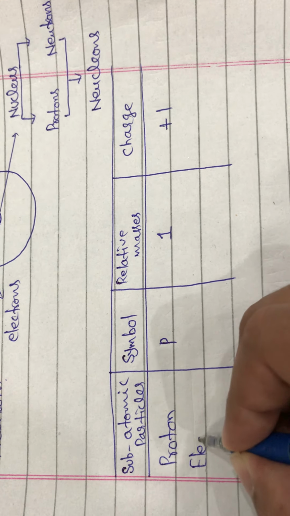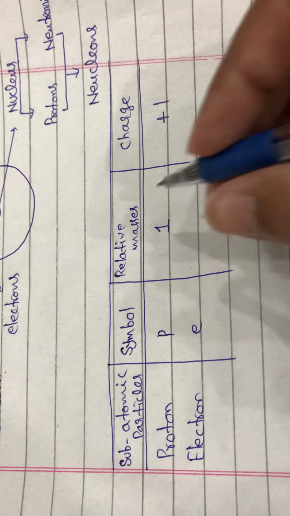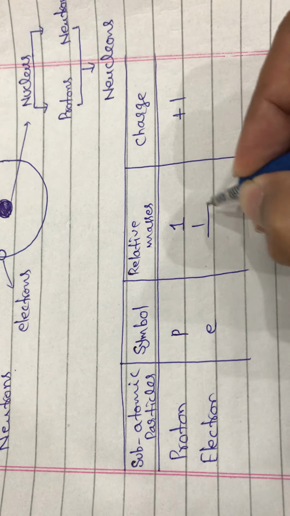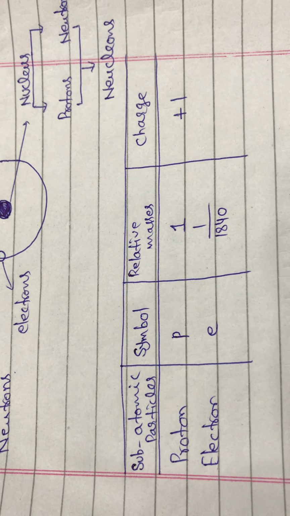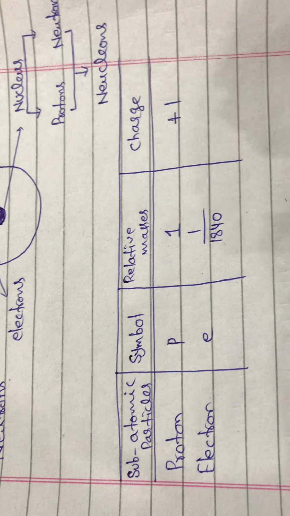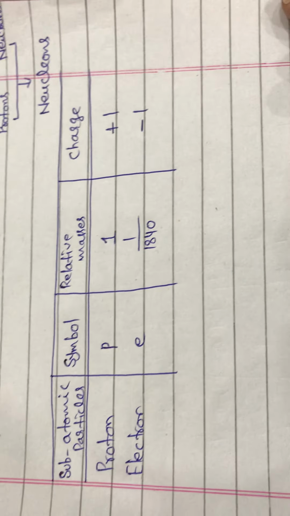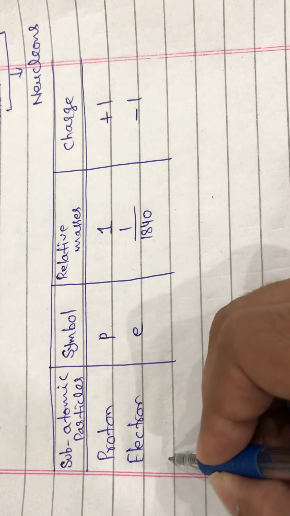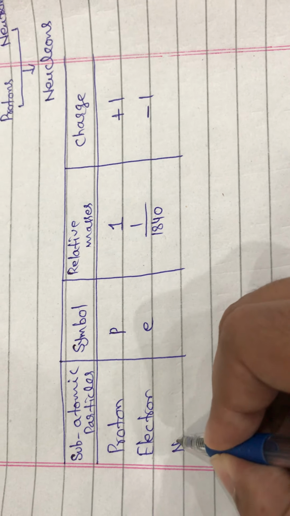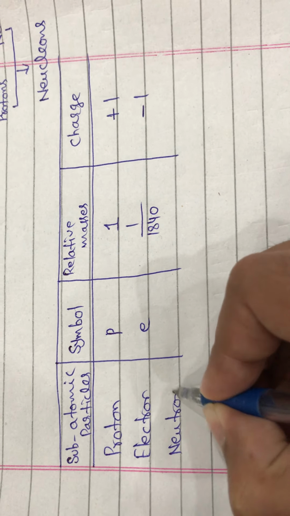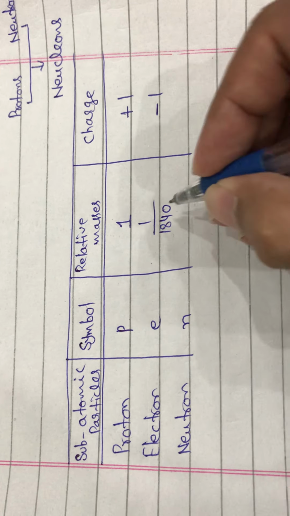Next, we have electron. Electron is denoted by e, relative mass is 1 over 1840 of the mass of proton or neutron, and charge on it is negative 1. Lastly, we have a neutron, and neutron is denoted by n.